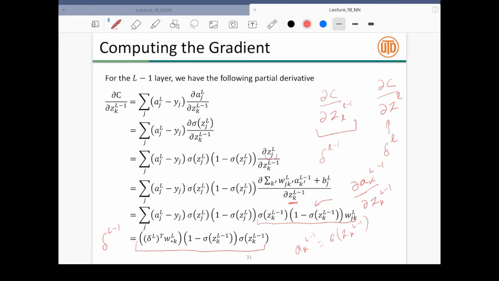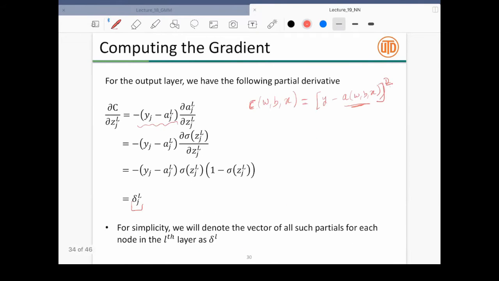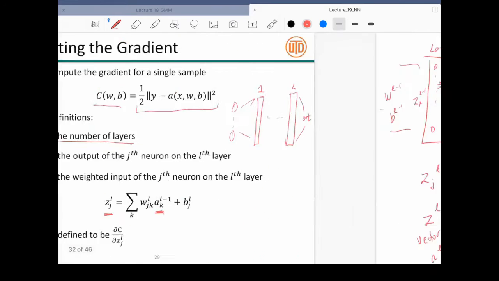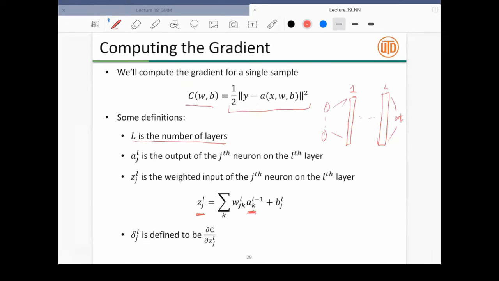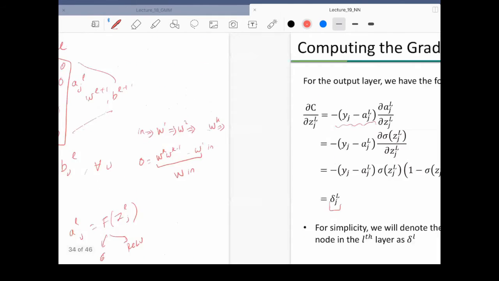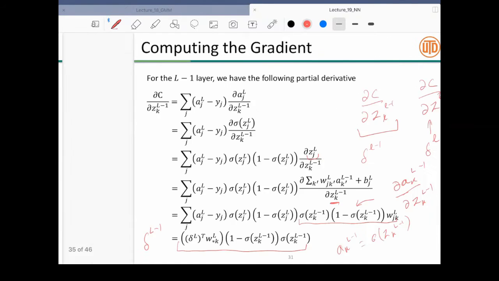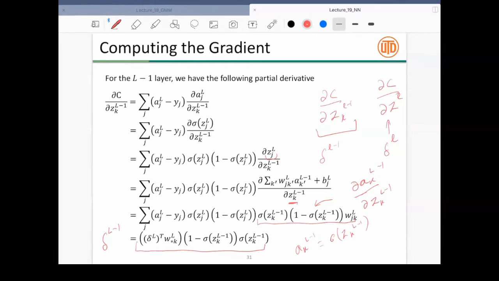Does it make sense? So essentially the function c is this sum over... So I'll just go back over here, right? We are taking a single sample, so we have c equal to half of y minus a, squared. We are starting with this expression, right? Then we have the gradient of c with respect to z, and now we want the gradient of c with respect to the L minus 1th layer.